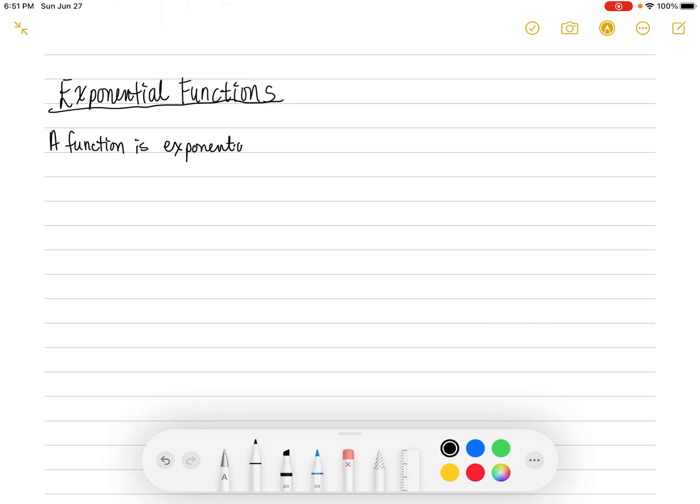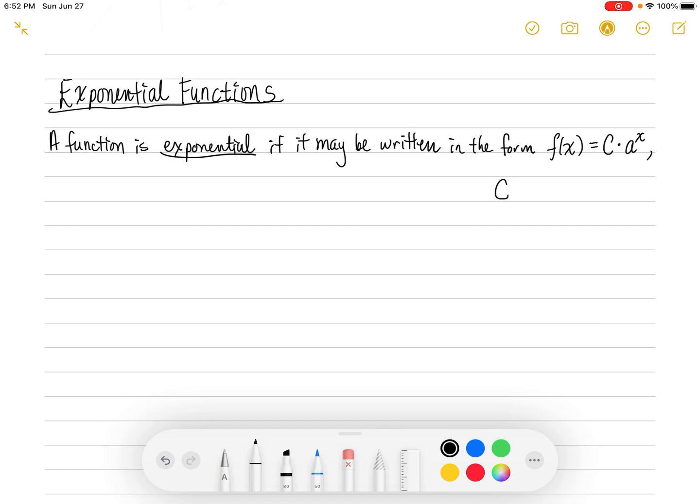So here's a definition. A function is said to be exponential if it may be written in the form f of x equals c times a to the x.